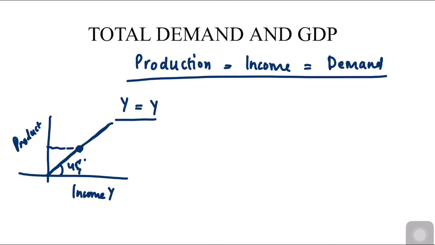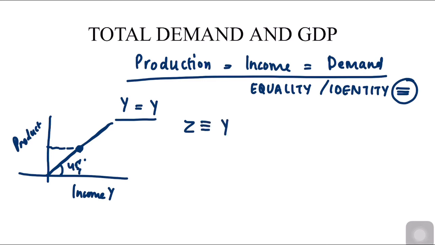And then we go towards the equality, which is also called the identity, and is usually represented by these three signs between production and demand.